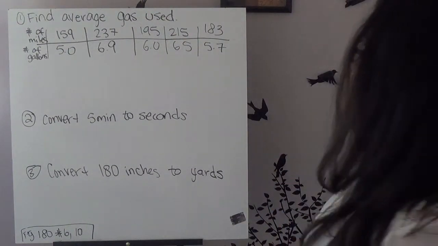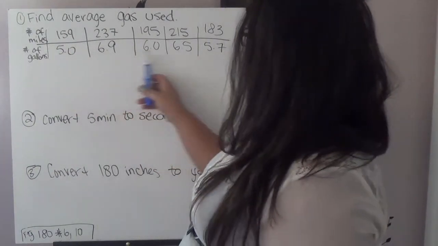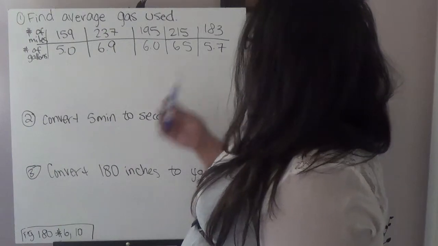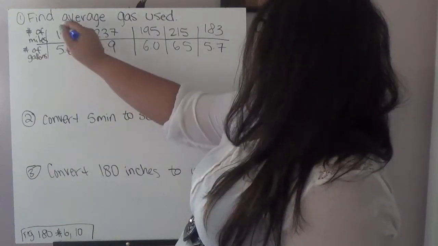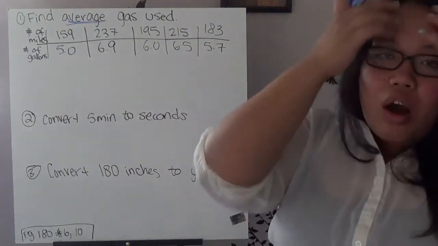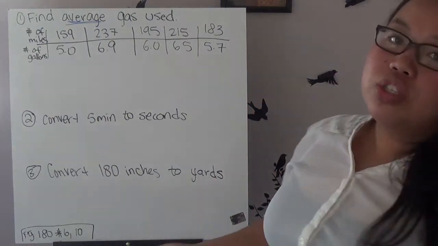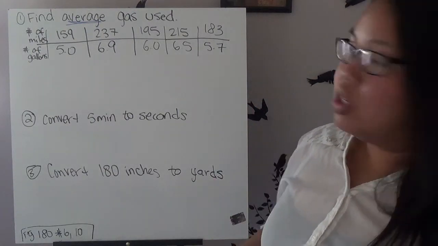Okay, so here's the number of miles and the number of gallons you use. We want to find the average gas used. Anytime you see the word average, you want to add all of the numbers you have, and then divide by how many numbers there are total.